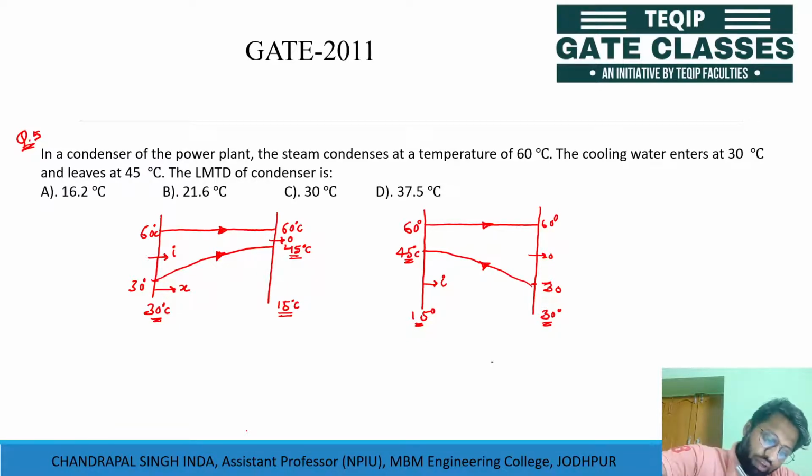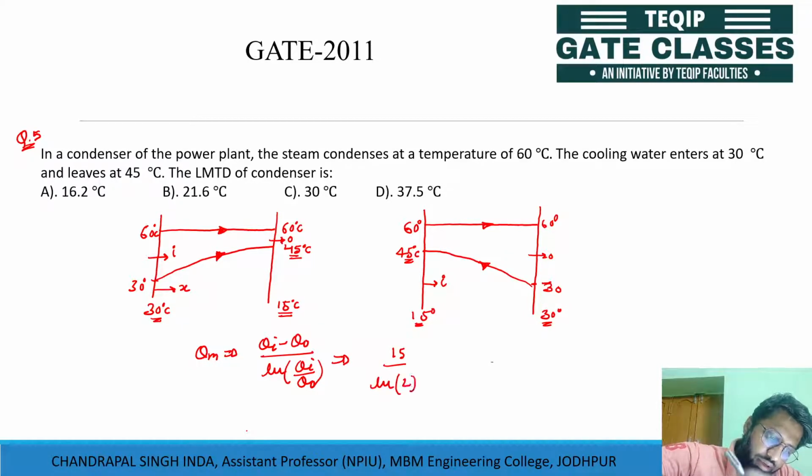So let's put the values in the formula: theta inlet minus theta outlet divided by ln of theta inlet by theta outlet, and it will be equal to 15 divided by ln 2.